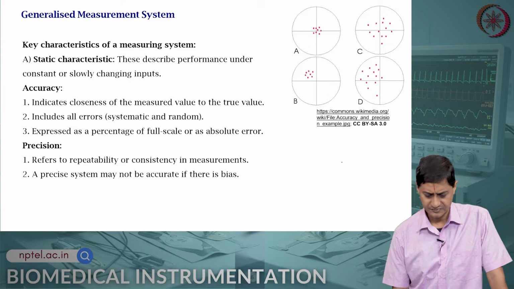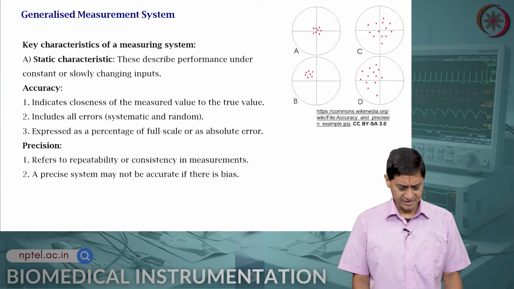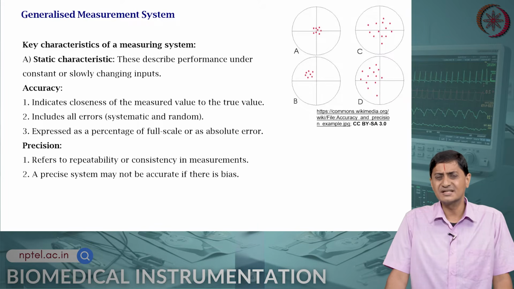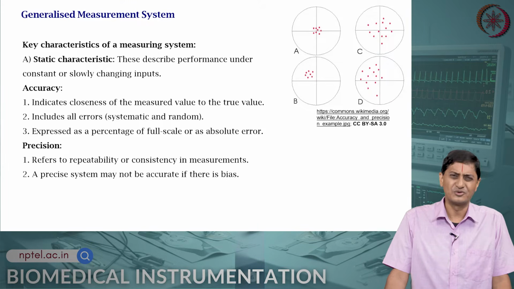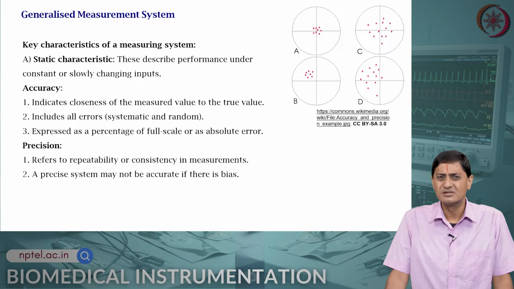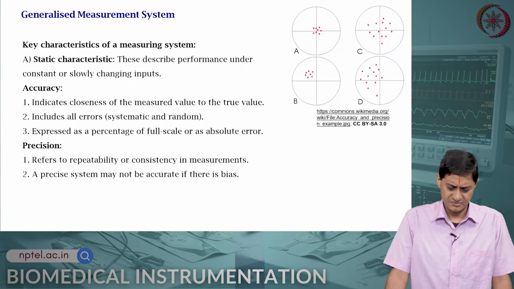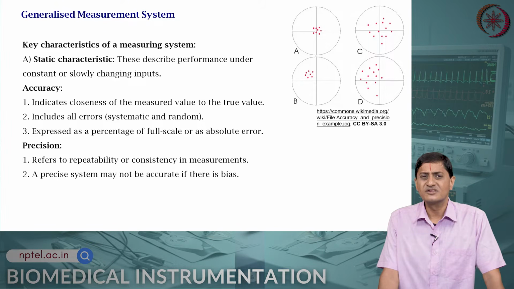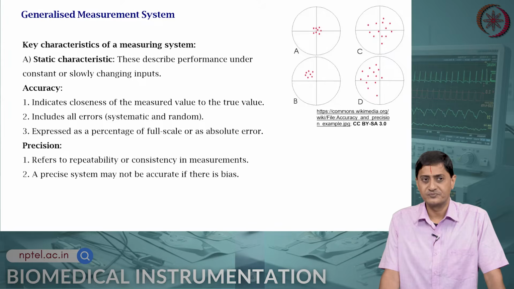Right. What are the key characteristics of a measurement system? Static characteristics. The static characteristics describe performance under constant input, but there is no such thing as a constant input. Usually what this means is relatively slowly changing inputs. Accuracy indicates the closeness of the measured value to the true value.